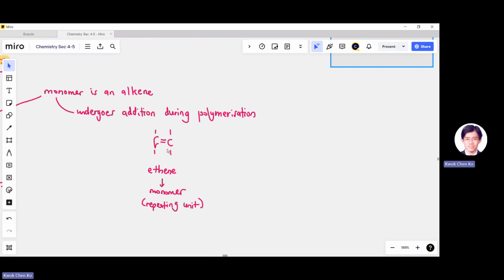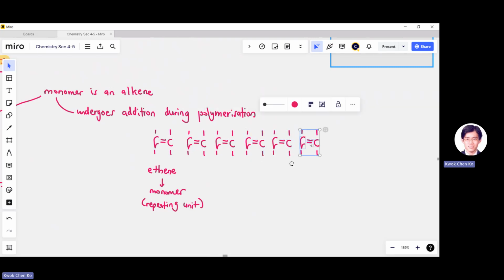And how many times do you repeat? Thousands, tens of thousands, hundreds of thousands, millions. So you get many units side by side, as I said, thousands, millions, depending on how you run your polymerization.